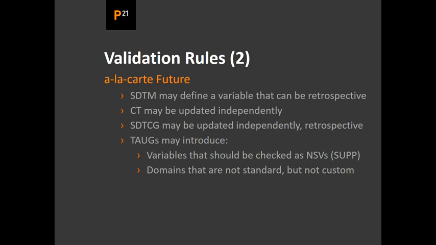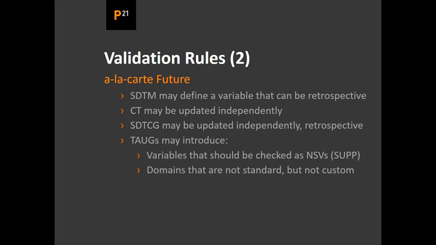We've already talked about the TAGs, how they might implement new variables that you could use as a non-standard or supplemental qualifier variable. A non-standard variable is a synonym for a supplemental qualifier. And that puts the standard in that middle ground state that it's defined, it's available, not available yet as a domain variable, but perhaps as a supplemental qualifier.